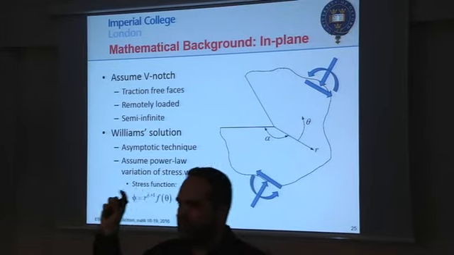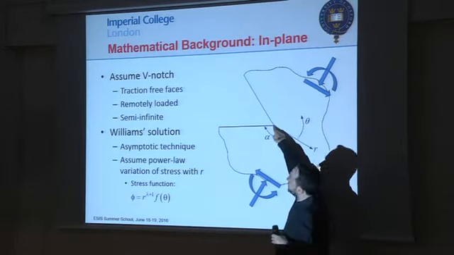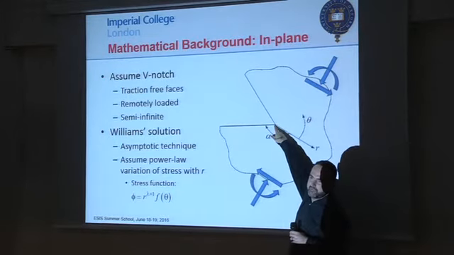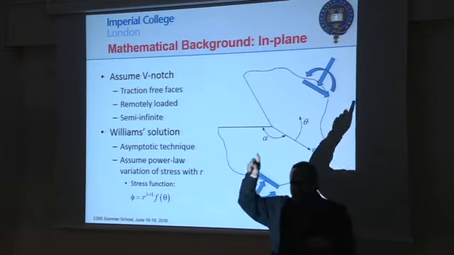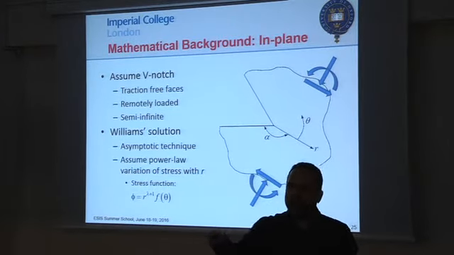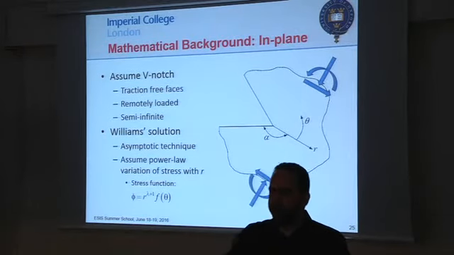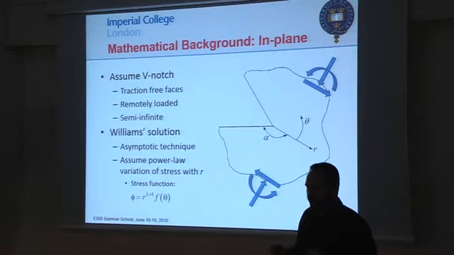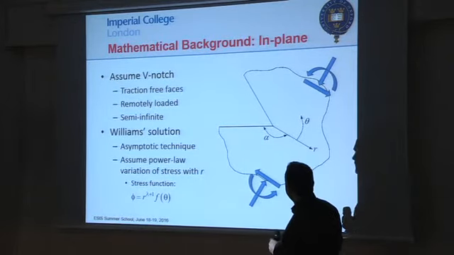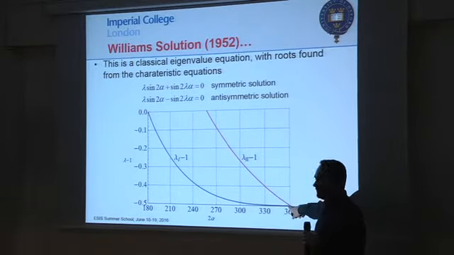You know that the stress field around the crack tip, which you've seen before, is characterized by a stress field which is 1 over square root of r. And that is valid for mode 1 and mode 2. The singularities are exactly the same for both modes of loading. And that corresponds to me telling you, if you solve Williams' solution, you are here.